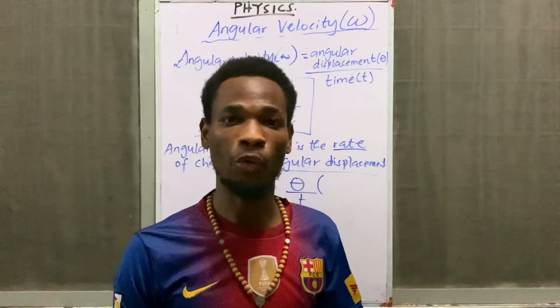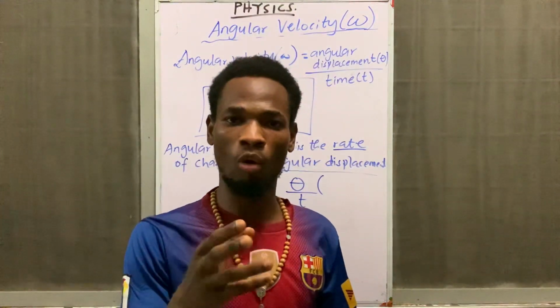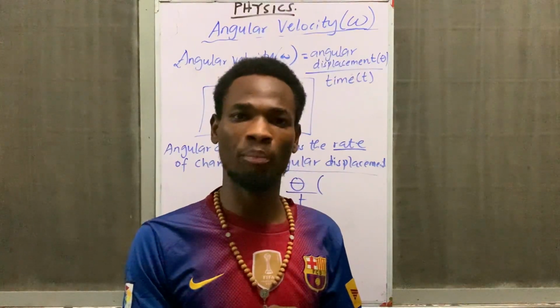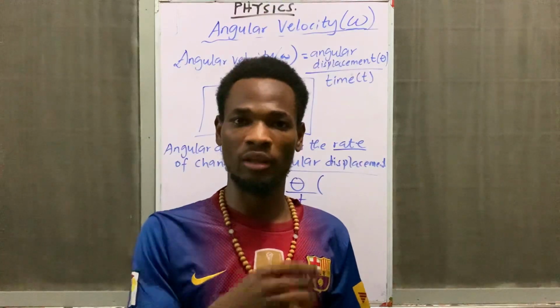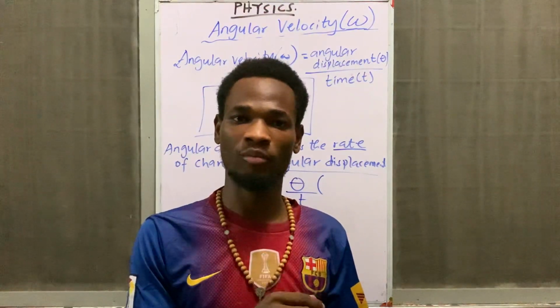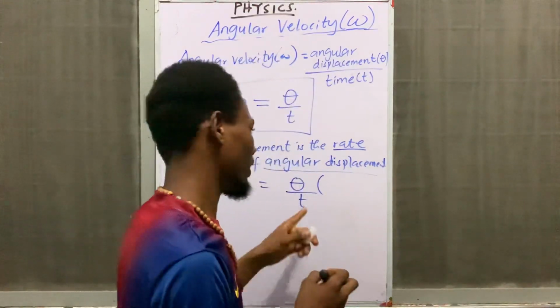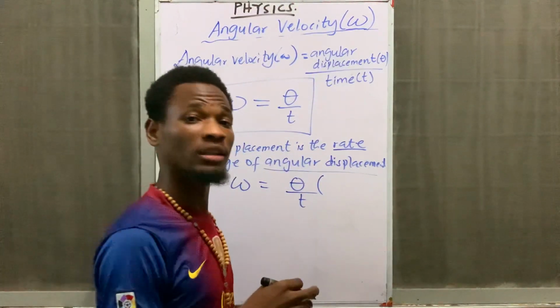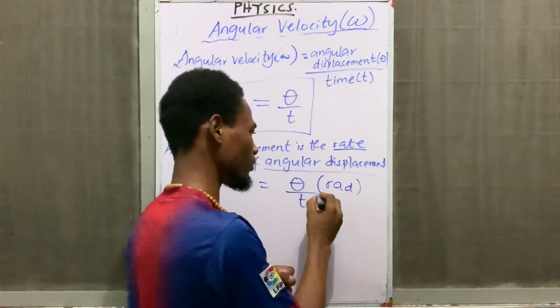It is radian, or rad. If you want to know more, you can go and watch the previous videos. I've explained it over there for better understanding. Are you okay? So the SI unit for the angular displacement is radian, or simply rad.